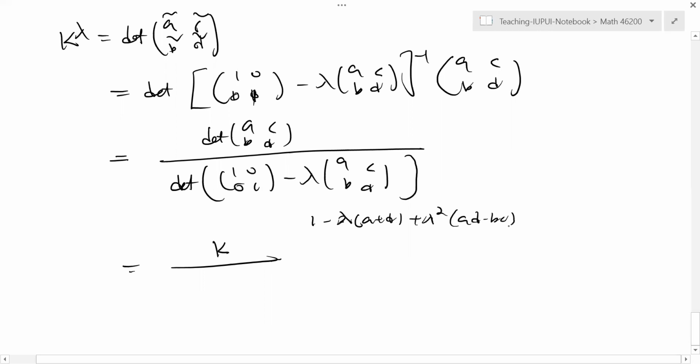Okay, so actually it's 1 minus 2 lambda H plus lambda squared K. So you get a formula for the Gaussian curvature in terms of the original Gaussian and mean curvature.